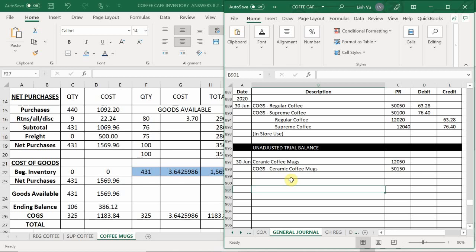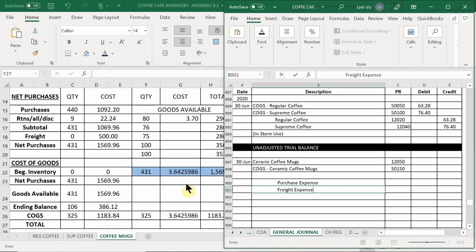Oh, we have to put the freight too. Purchase expense and freight expense. If you can't figure it out now, let's just compute the numbers, and then we'll figure out what the difference is.